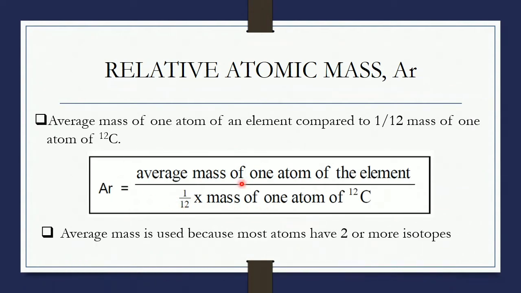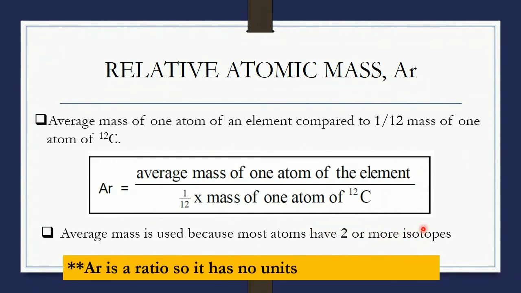We always use average mass because most of the atoms that occur naturally can have 2 or more isotopes. And remember, relative atomic mass is a ratio of the mass of one atom compared to carbon-12, so it has no units.